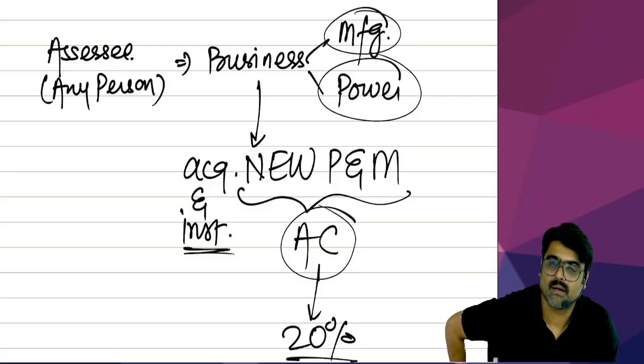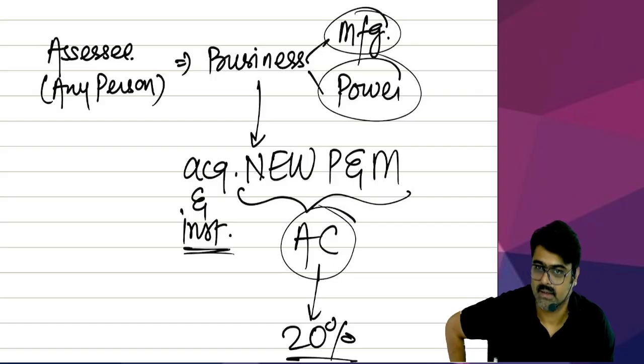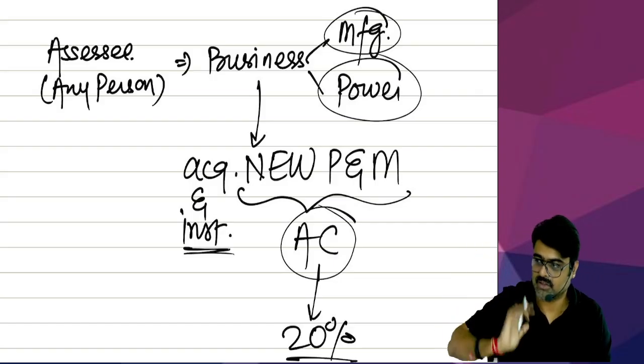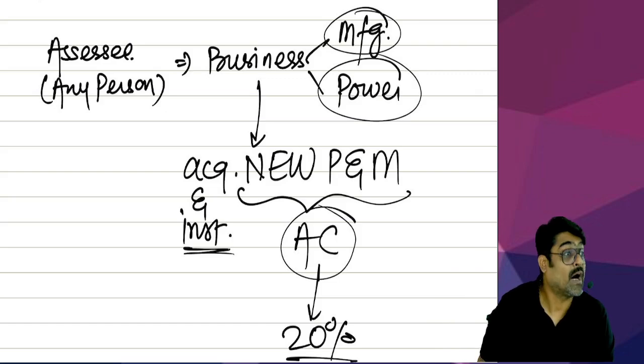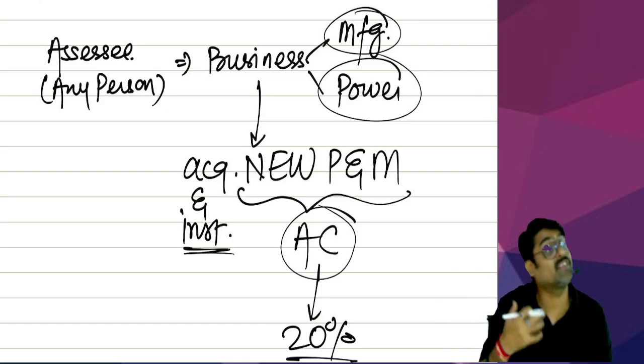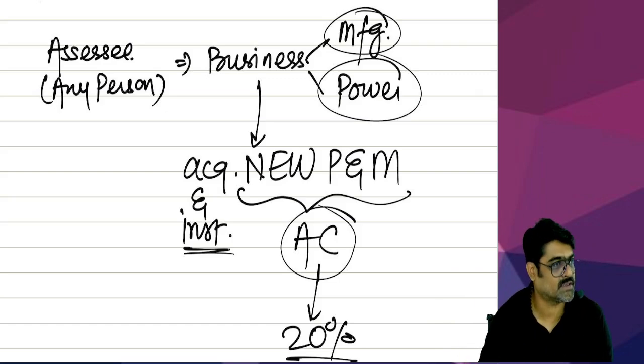Understanding? Sure. So in the first year, will you be able to claim normal depreciation on this plant and machinery? Along with that normal depreciation, claim this extra 20% depreciation in the form of additional depreciation. Yes or no?